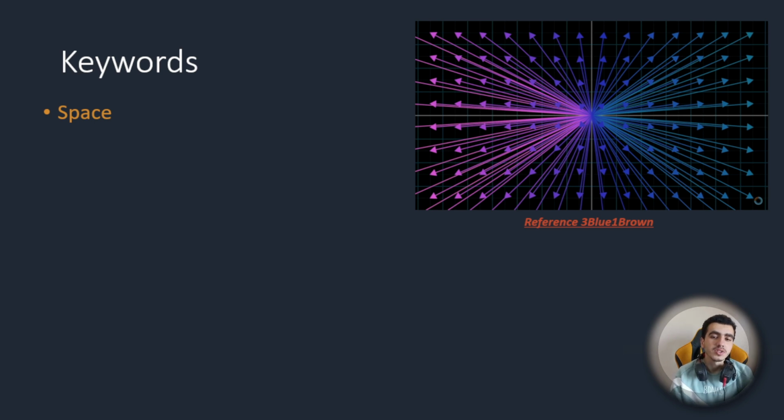Any transformation applied on such a vector will be applied within such a space. So if we stretch, if we squish, any kind of transformation, it will exist in the same space of this vector.